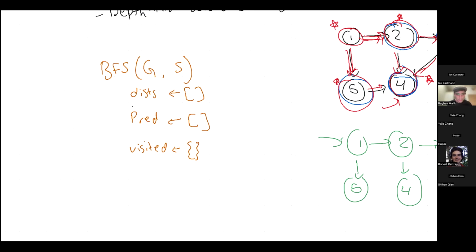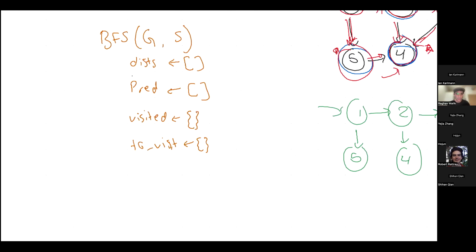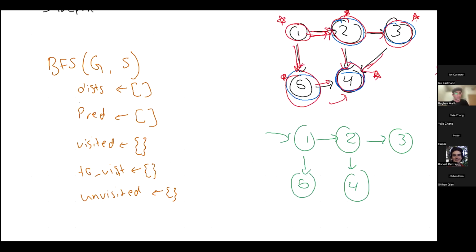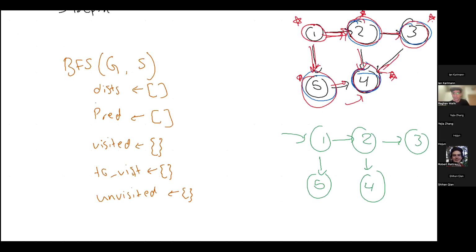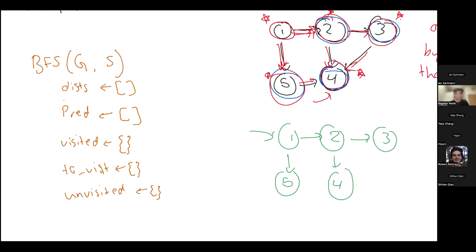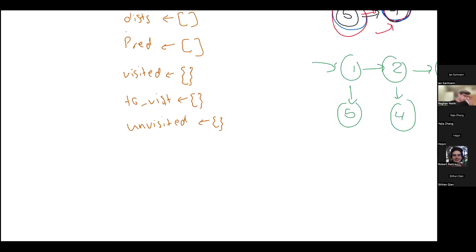Maybe I'll call this to visit. So we have a set of neighbors available. And then unvisited, all the rest of them. The pseudocode works by assigning colors to nodes, and maybe that's better, but I think that's harder for me to think about.